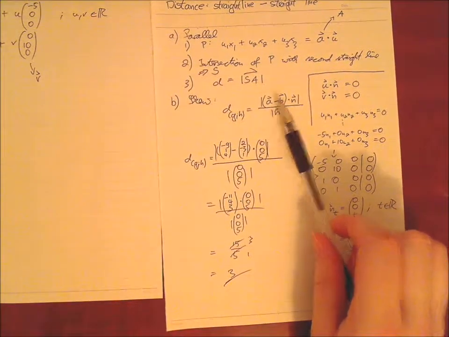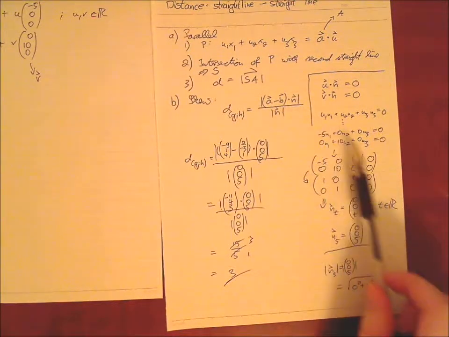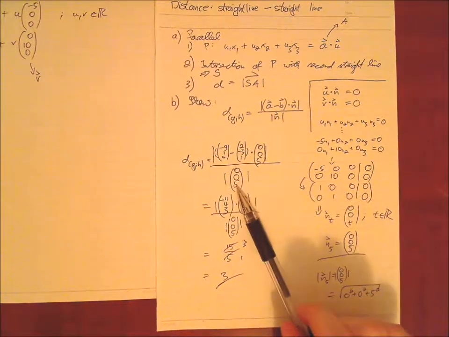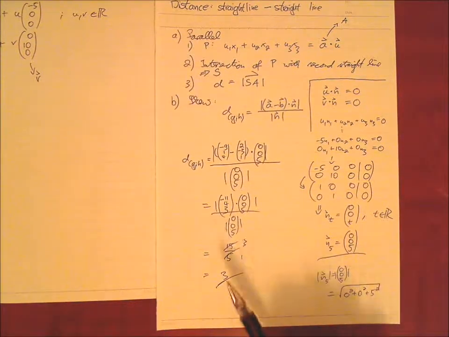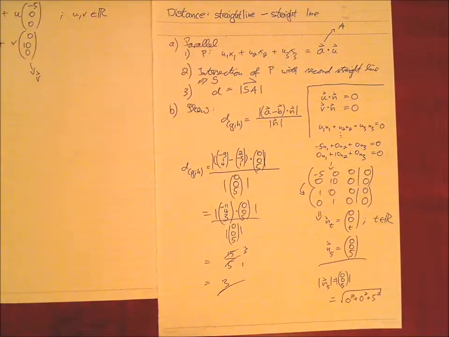Just put in both your support vectors, calculate the normal vector. When you have the normal vector, you can put it in your formula, multiply, divide, and you end up with the distance. So it's not too difficult, I would say, but a little bit tricky, and you should practice it a lot, so that you're also fast, you don't make any mistakes, and then you can be sure that it works in the exam, or whenever you need it.